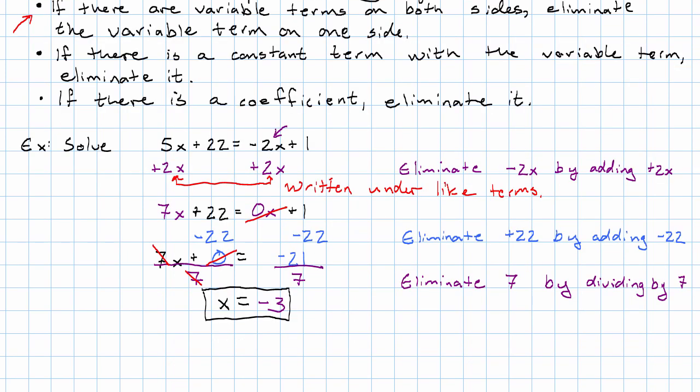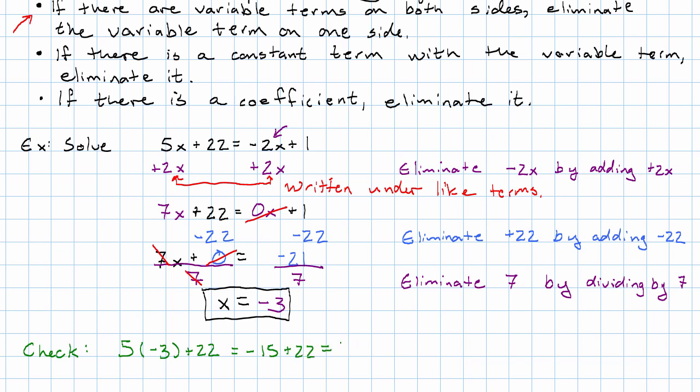Whenever I've solved an equation like this, I should be in the habit of checking, so I'm going to do that now. I'll evaluate the left-hand side when x is negative 3. 5 times negative 3 is negative 15.